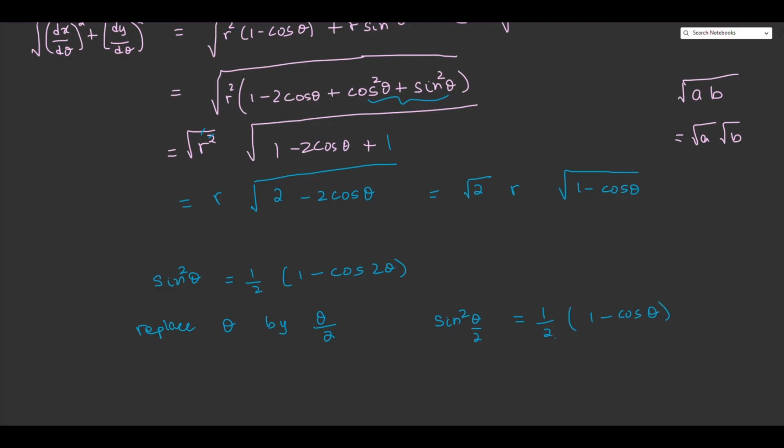You can also bring this 2 to the other side, so 2 sine square theta by 2 is equal to 1 minus cosine of theta.